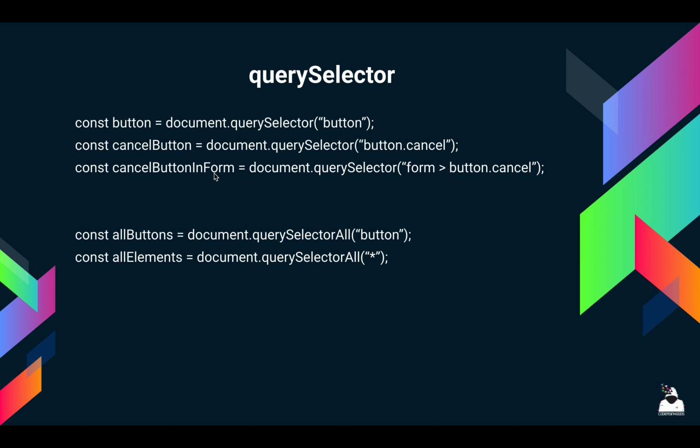Same thing with nested elements, or child elements. If we want the first cancel button in a form, in the first form in fact, then we can pass this CSS query. We find the first form element, and then inside that form element we find the first button element with the class cancel. Obviously these can get incredibly complicated.